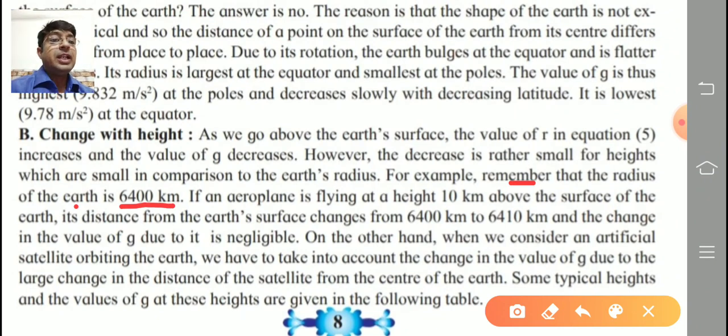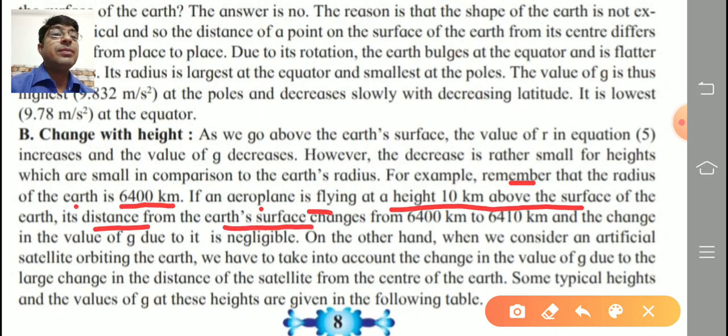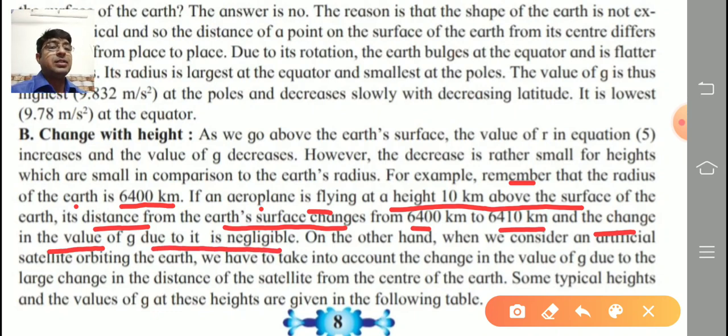If an aeroplane is flying at 10 kilometer above the earth's surface, its distance from the earth's center changes from 6,400 to 6,410 kilometer. The change in the value of small g due to it is negligible, as 10 kilometer in comparison to the radius of the earth is very less.